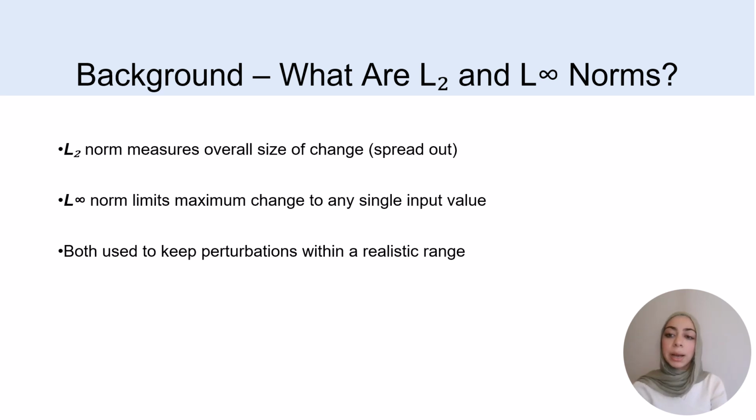It doesn't matter how small the rest of the changes are, as long as one is big, it counts. This makes it useful when we want to make sure that no part of the input is changed too much. Both are used in adversarial attacks to make sure the changes stay small enough to fool the model, but still look normal and unnoticeable to us. You'll see these norms mentioned often in this presentation, especially because Square Attack supports both of them.